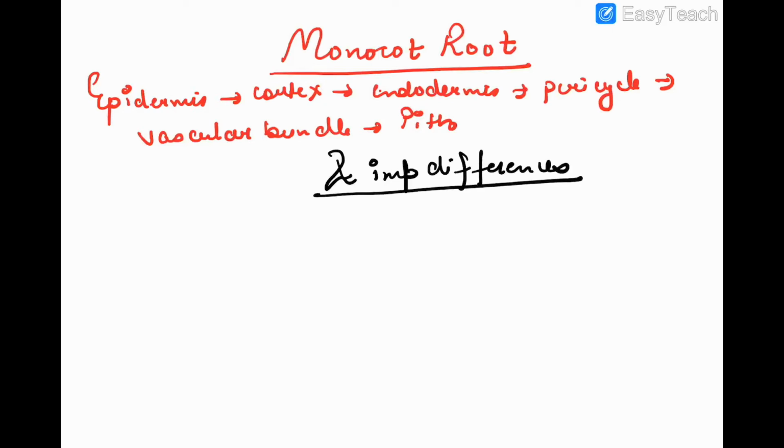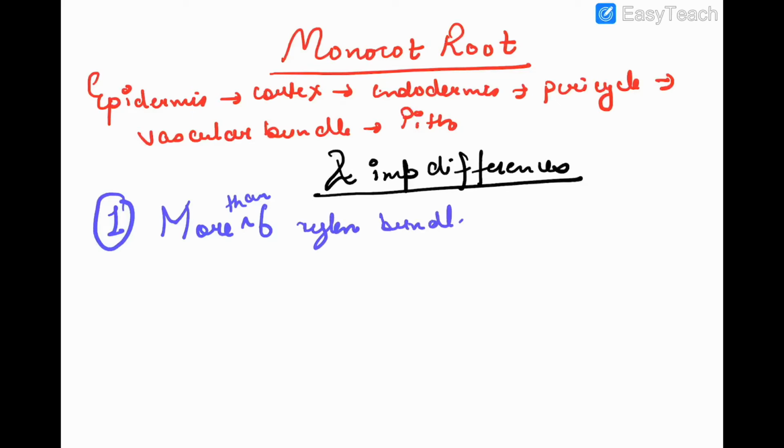The first difference is that in monocot root there are more than 6 xylem bundles. This is known as polyarch xylem.